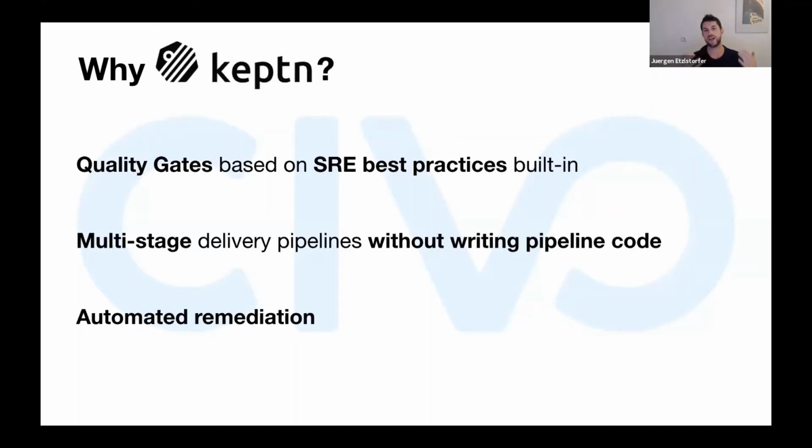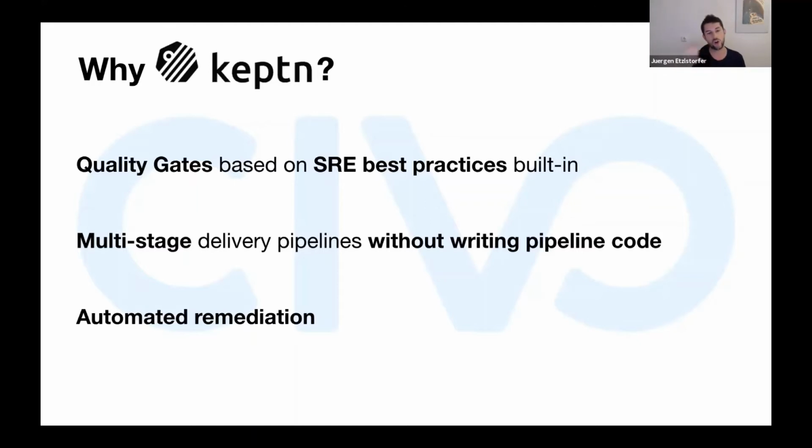You just define that you would like to have dev, pre-production, and production, and you define which kind of deployment strategies, if you want to directly deploy or have blue-green deployments. It's just one YAML file of configuration, and the actual pipeline code will be generated by Keptn or is part of the Keptn framework.